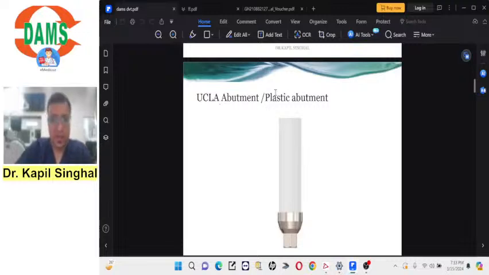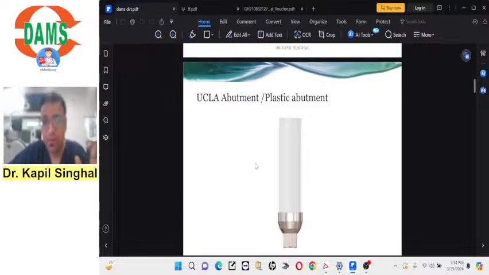This is also known as plastic abutment, and this is also known as castable abutment, because this abutment can be casted. You just have to remember, whenever the lab uses this abutment, your prosthesis will be screw retained, it will not be cement retained.